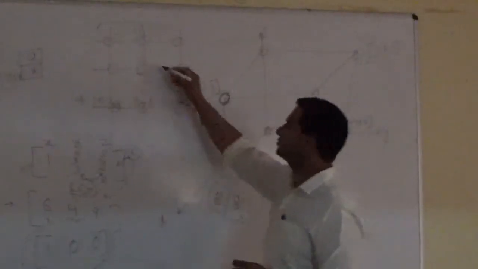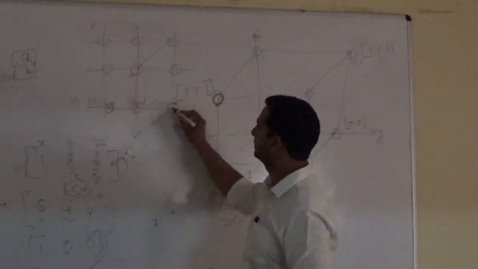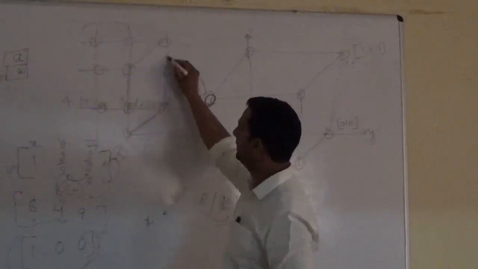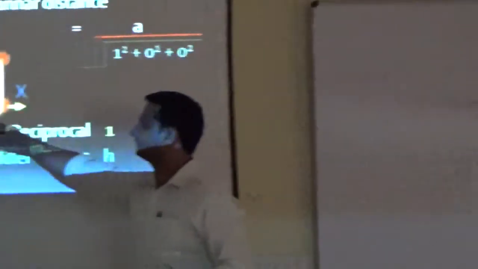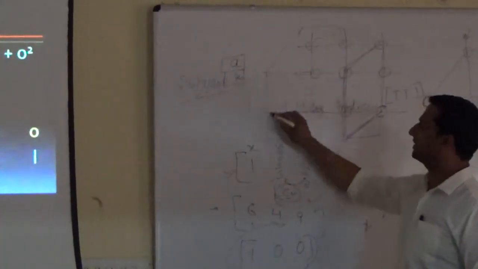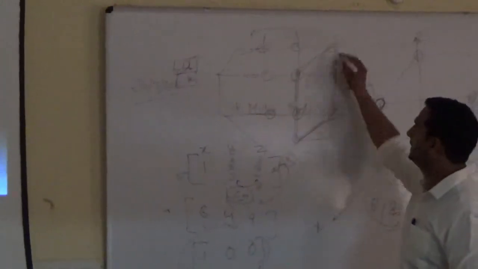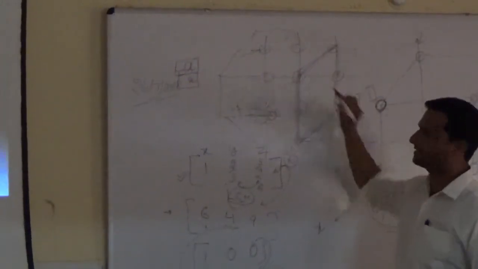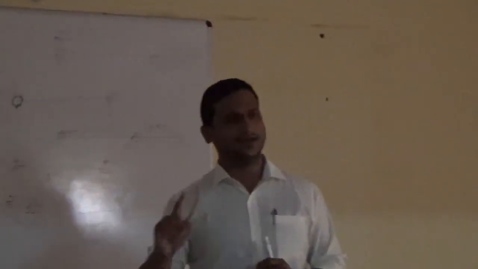We choose two planes. This is one plane, as I showed, and there is a second plane also. We know the value of a and the intersections with the x-axis, y-axis, and z-axis. So the distance between two planes can be calculated with the help of the given formula, a divided by the square root of h square plus k square plus l square.